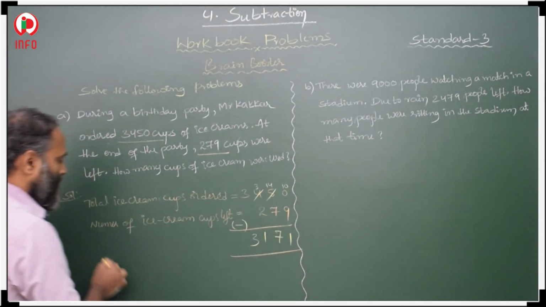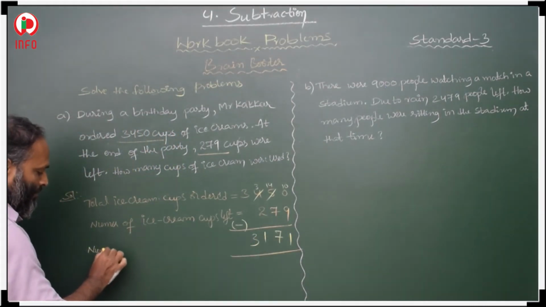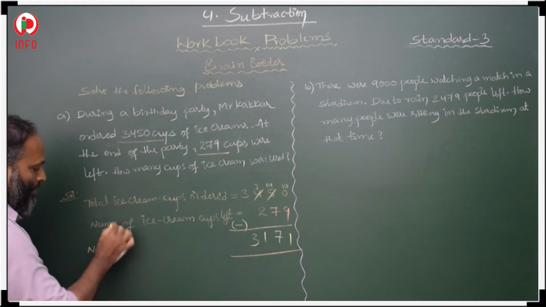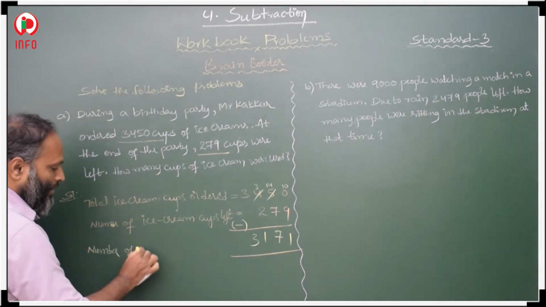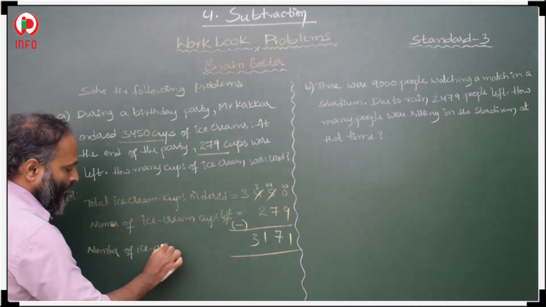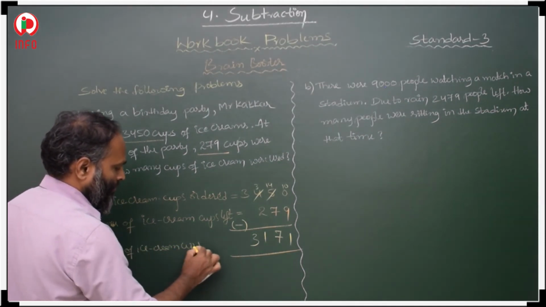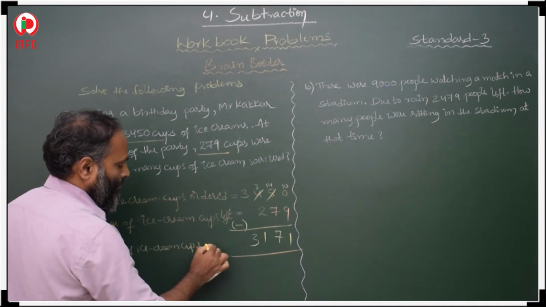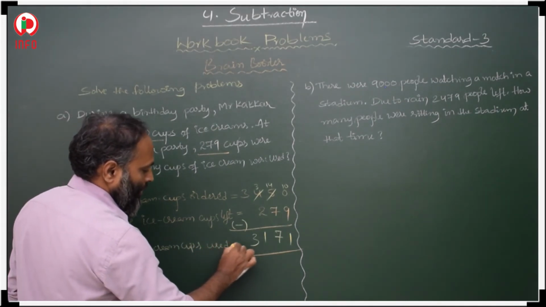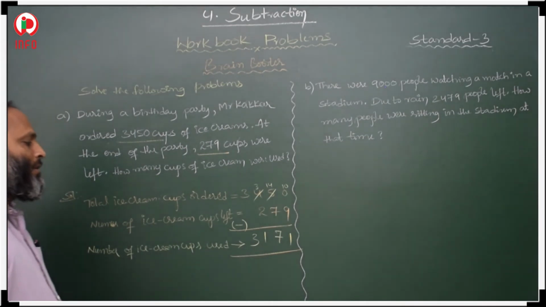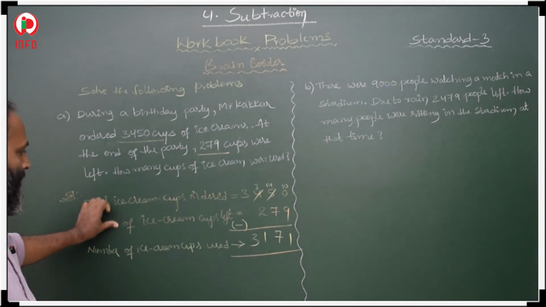Number of ice cream cups used. How many cups used? 3171.